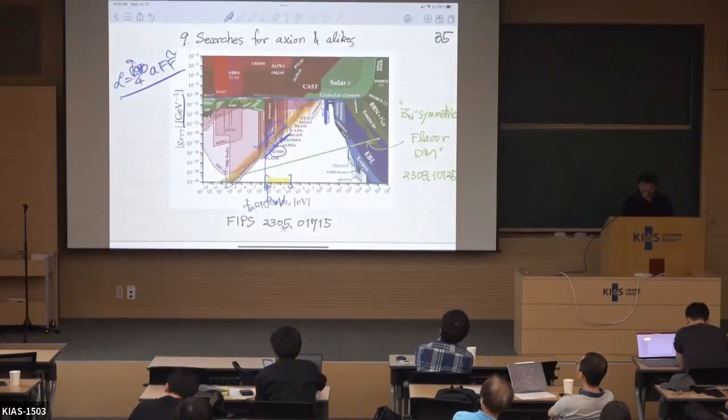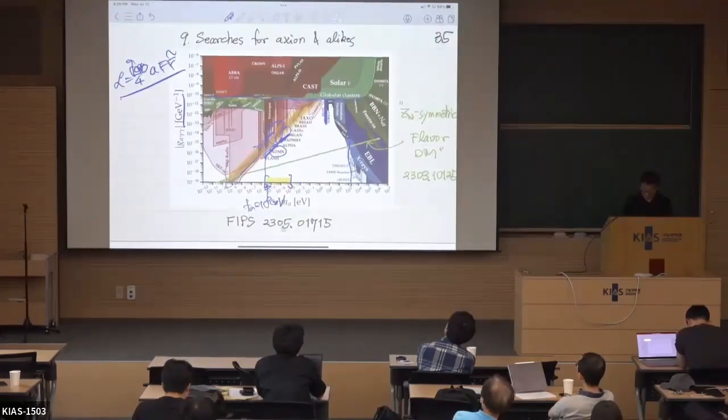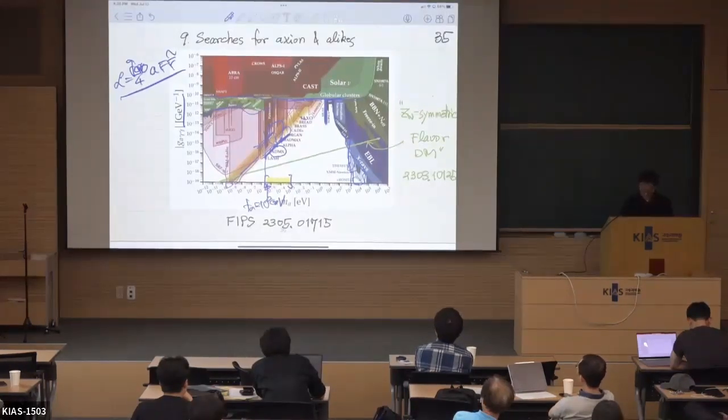And of course, the higher mass ALP is in the X-ray range, so if it is actually the case, we should be able to observe these X-rays from the sky. So these are the current bounds, and the faint curves are future sensitivities.